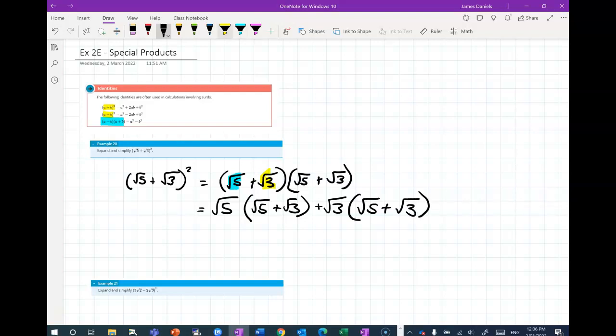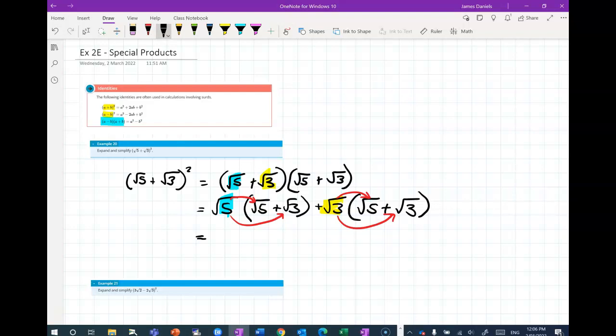I've split up the first one, keeping its sign attached. All right, now we can use the distributive law, so we can multiply our four multiplications, 1 and 2, and 3 and 4, and that will help us to expand.